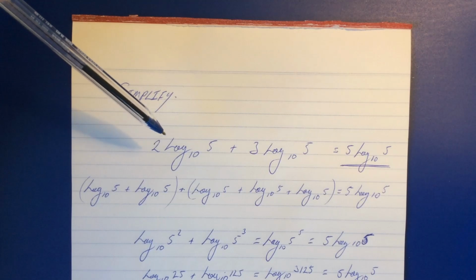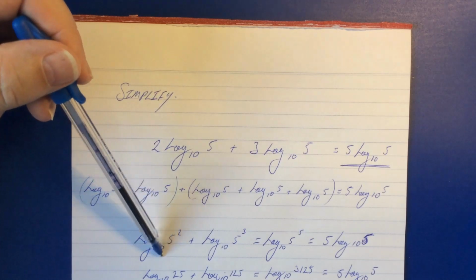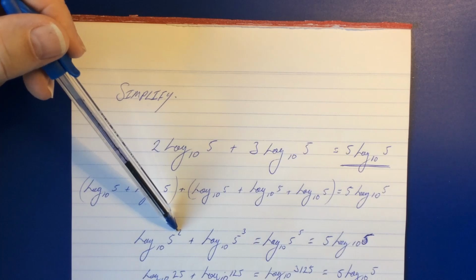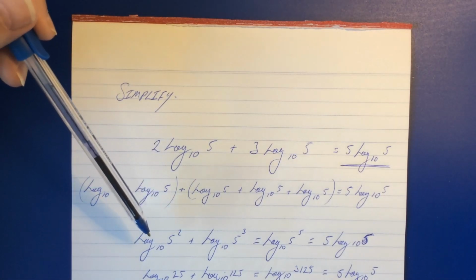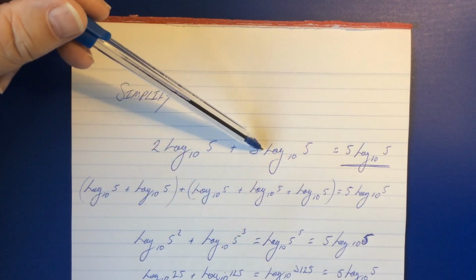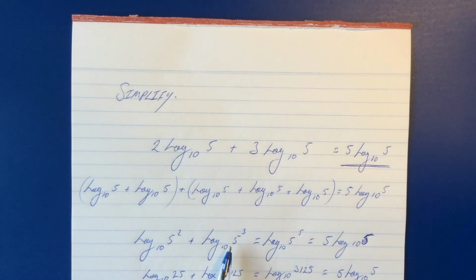Now, the power rules mean that this expression here and this expression here are exactly the same. And the same is true for this. This is another way of writing this. Now, the rules about multiplying when you're adding logs don't really apply when we're looking at powers here.